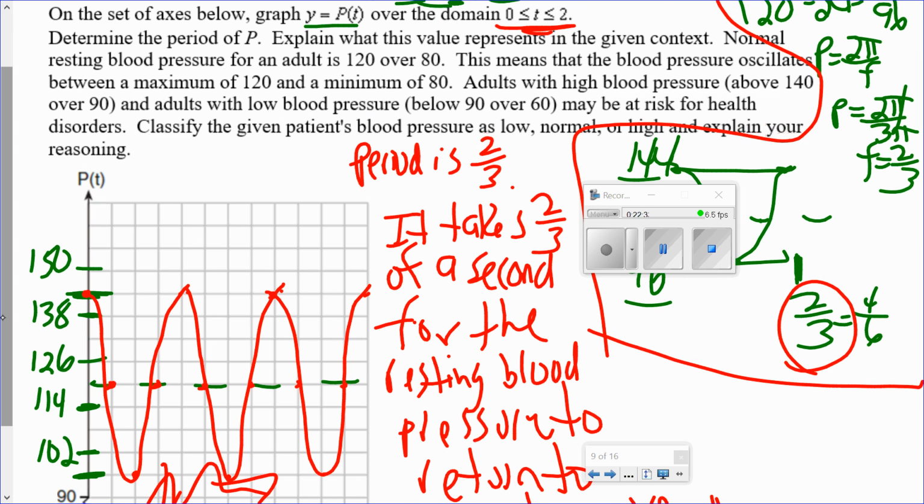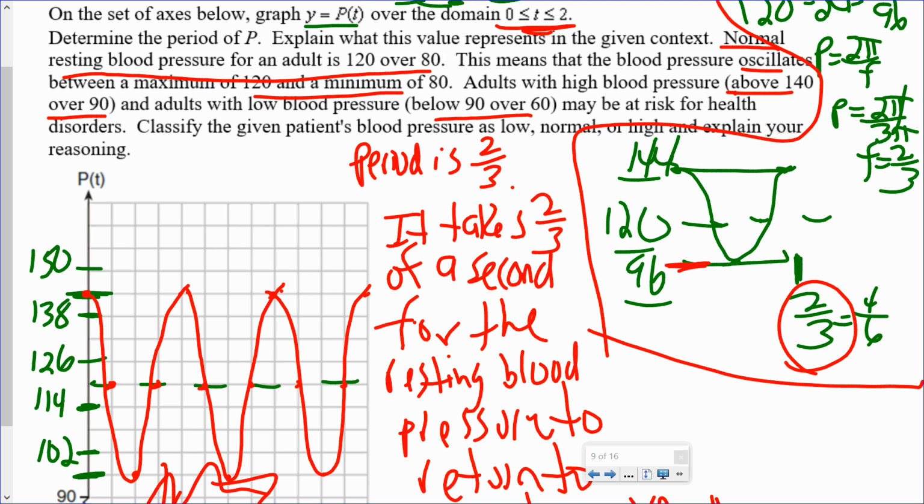Adults with normal blood pressure is 120/80. This means it oscillates between 120 and 80. Adults with high blood pressure is 140/90. Low blood pressure is 90/60. Classify the given patient's blood pressure as low, normal, or high. Well, we're going from 96 to 144. So 96 to 144 is above 140 over 90.